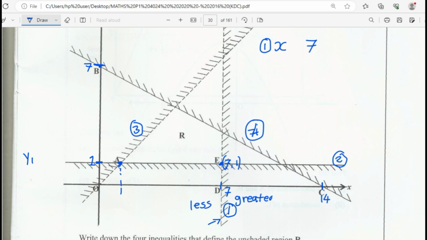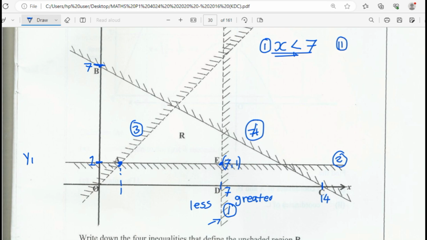If we go in this direction, the numbers are decreasing, and because of that the region is also considered to be less. We can also tell by the line that the greater side was shaded, so the needed region was less, so we put less than as our first one. Remember not to put equal to if the line is dotted.